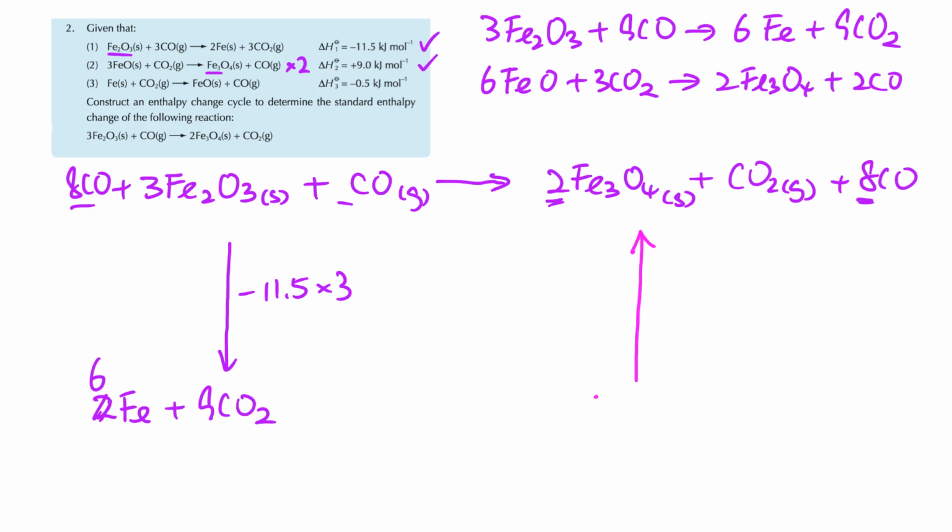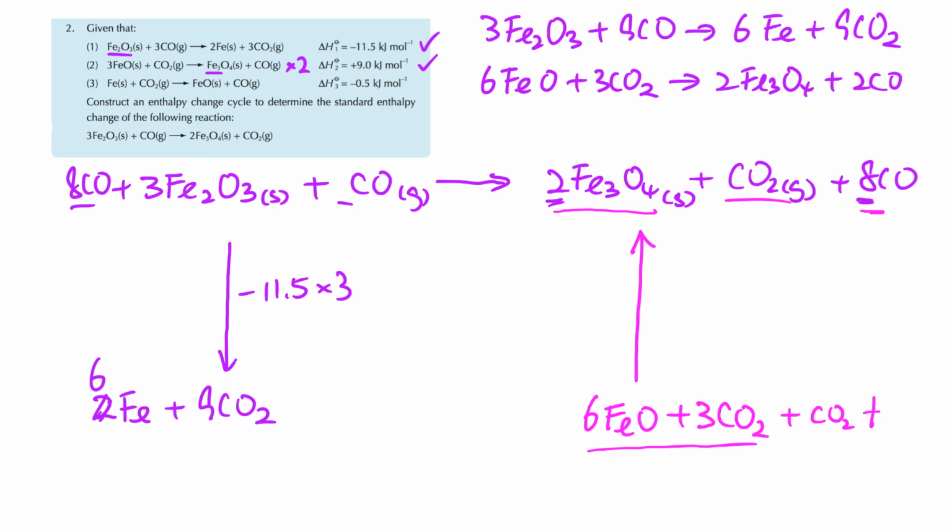They change from 6 FeO plus 3 CO2. This one is not producing here, so I will add the CO2 here as well, because I just have this to give out 2 Fe3O4 and then part of the CO. So you should have 6 CO here as well. That will be the second equation.